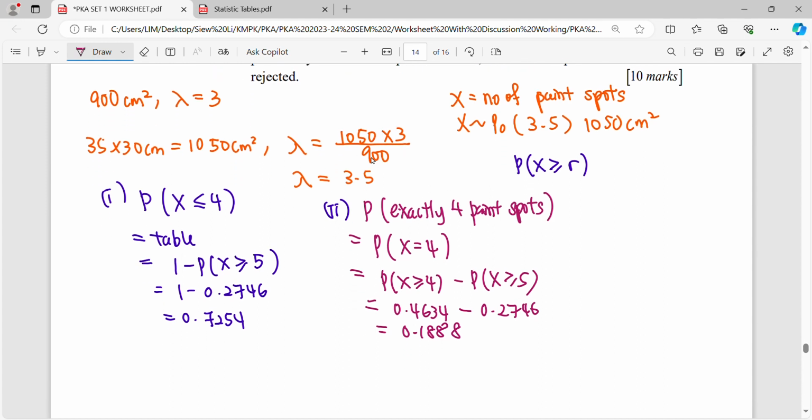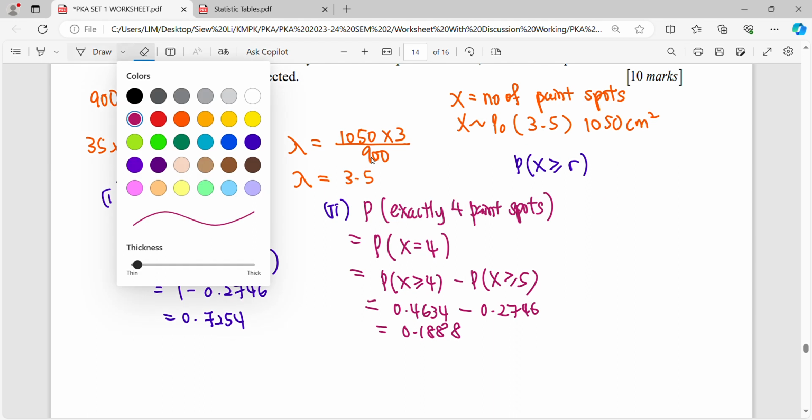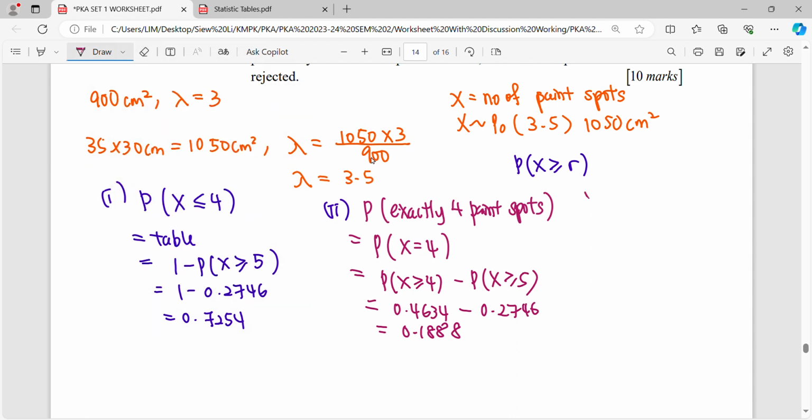So now we come to the new distribution where X will be no longer X. We don't use the symbol repeatedly, so we use another symbol. Y will be the number of cloths having exactly 4 paint spots.